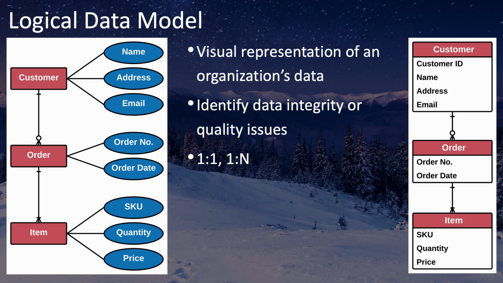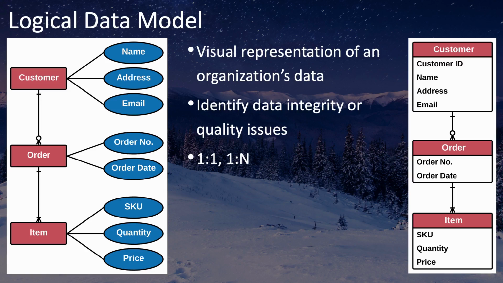Let's take a look at a very simple example. Here on the left, you have just a portion of a data model for customer orders. It starts with the customer as an important object or entity in this model. Each object or entity then has attributes, such as the customer's name, physical address, and email address.